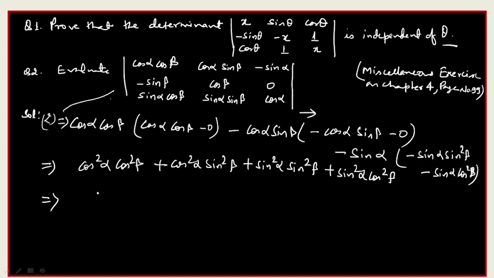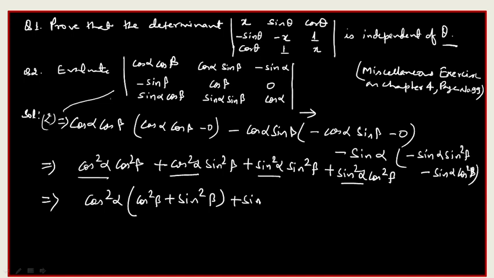Further, in these two expressions we can take cos square alpha as common. So it will become cos square beta plus sin square beta, and from these two expressions we can take sin square alpha common, so sin square beta plus cos square beta in bracket.